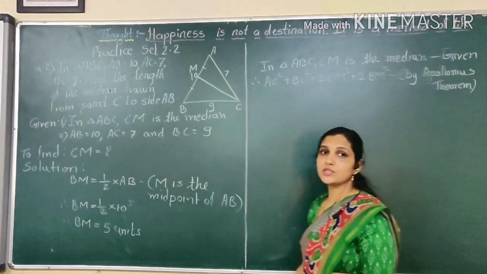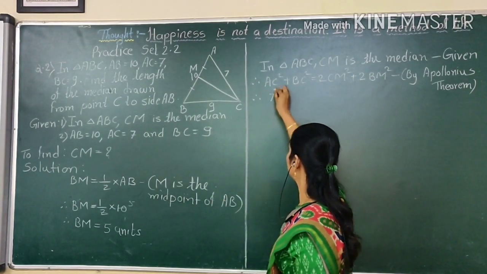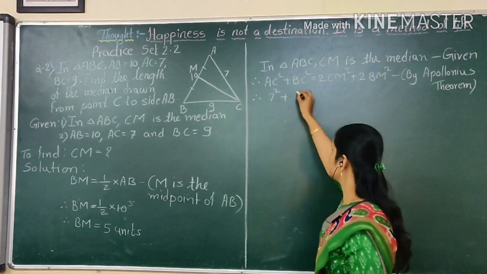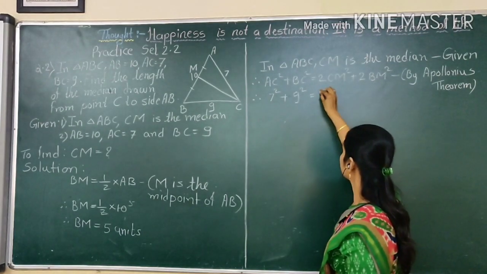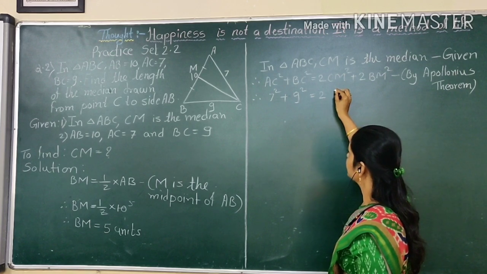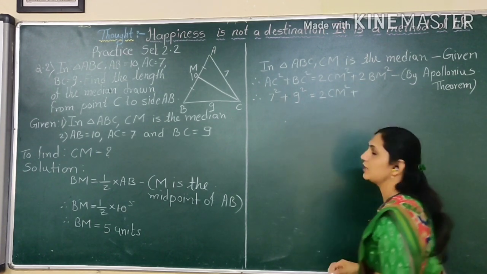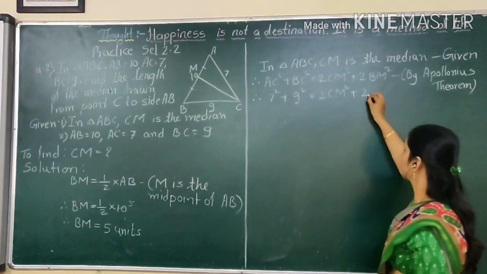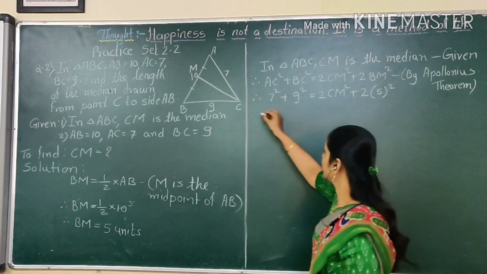Okay. Now substitute the values. AC is 7, so 7 square plus BC is 9, 9 square, which is equal to twice CM square, we have to find out, so keep it as it is, plus 2 BM, BM is 5, 5 square.